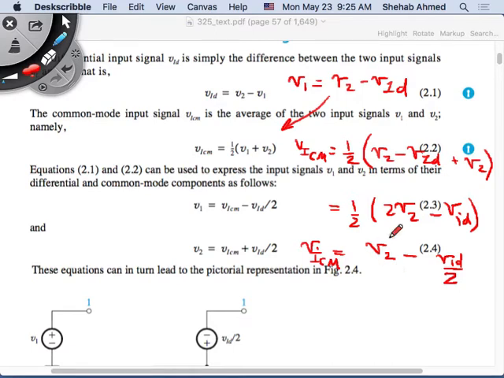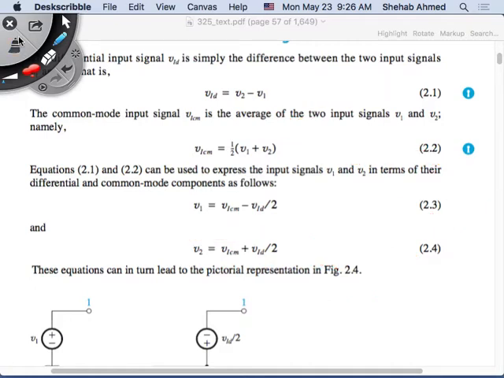If I want to solve for V2 now, V2 is equal to what? VICM plus VID over 2. Right? So that's what they did here. They're just rewriting, reorganizing these so that it becomes useful for something else we're going to look at later.